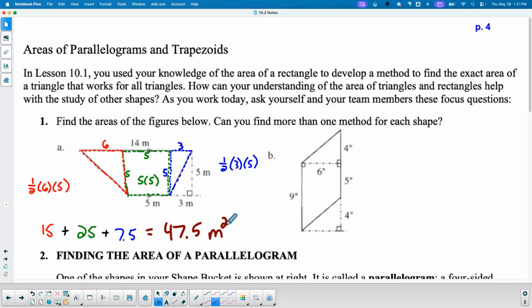Okay. So with a parallelogram, if I take this pink triangle up there, right? If I take a scissors and I cut along this solid pink side here, I can move that solid pink side down here.